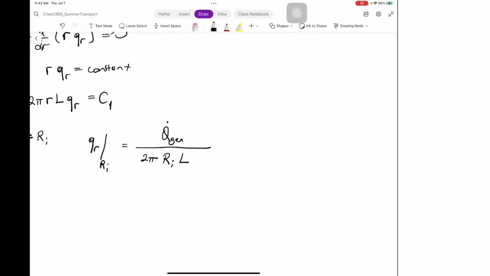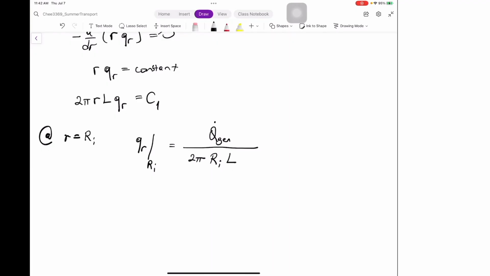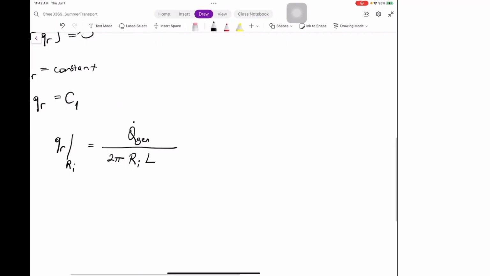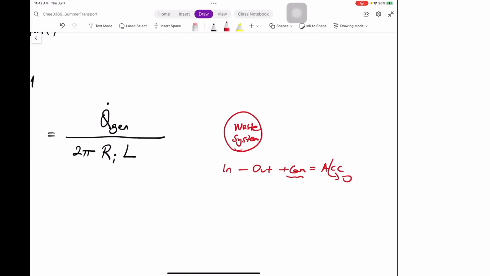Is there anybody who wants to get convinced about this statement? I mean, is this clear? Okay, so that's clear. I mean, you can actually come up with this by choosing the waste material as your system, and say in minus out plus generation is accumulation, and you say that no accumulation is there and there is generation. Let's say there is nothing in, but there's only something going out here, right?